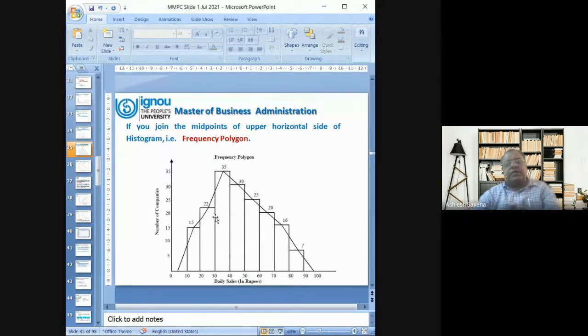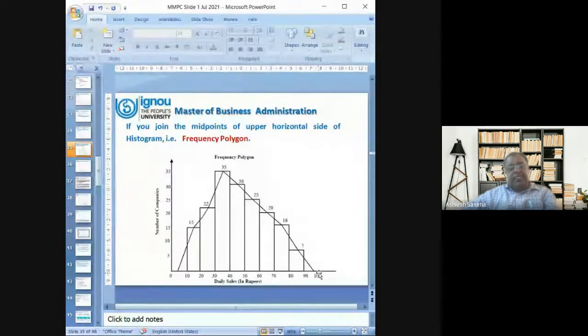This is a frequency polygon. What we are doing is simply joining the midpoints of the histogram. This was the first point. This is the second point. The third one, fourth, fifth, sixth, seventh, eighth. Here and here, these points are available. And we draw this on the horizontal x-axis line. Similarly, this is drawn.